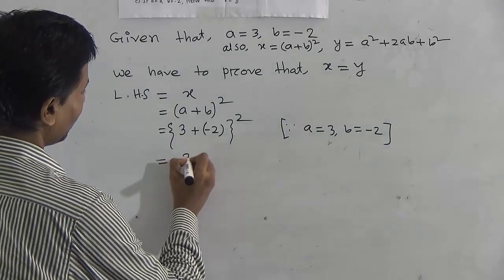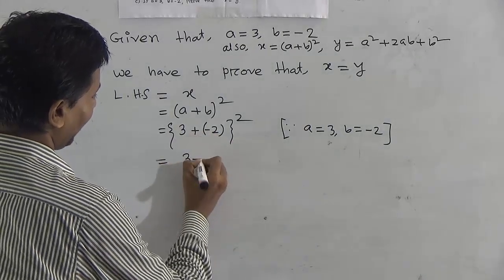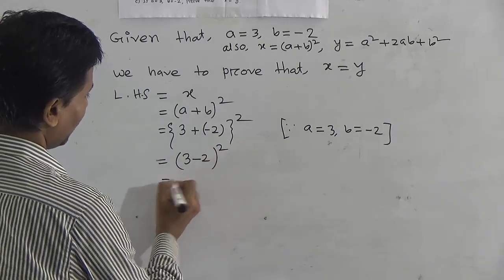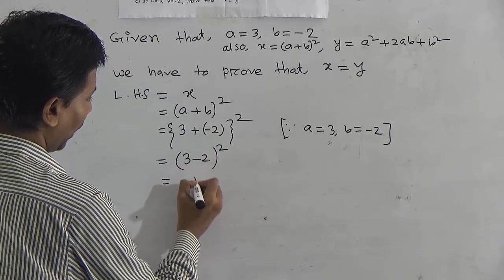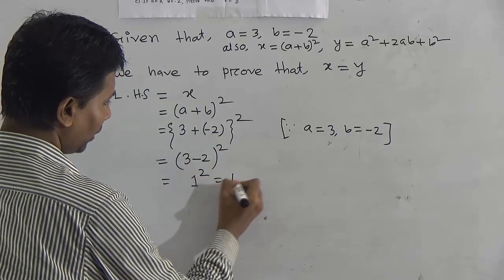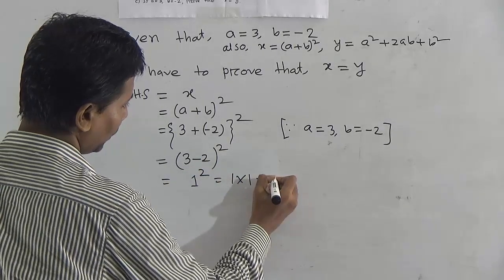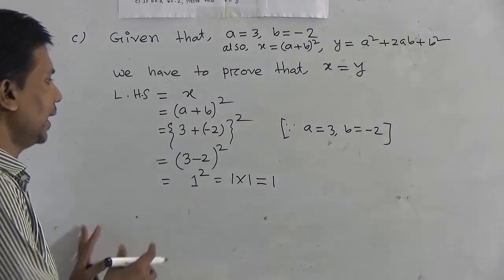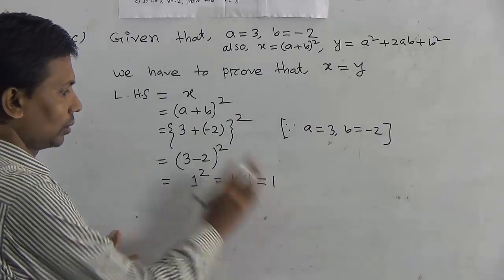Now 3 plus minus 2 whole square. 3 minus 2, this gets what? 1. Put here 1 square. 1 square means what? 1 into 1. That means we get 1. That means we have got the result, left hand side x equal to 1.